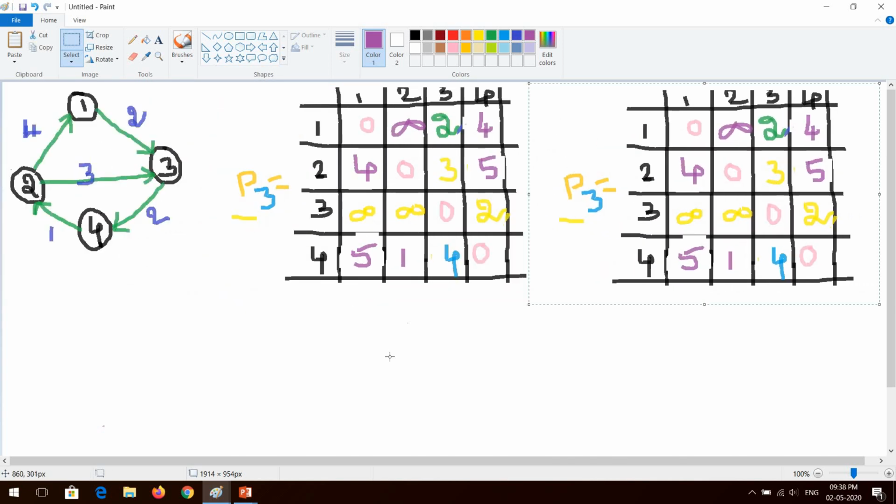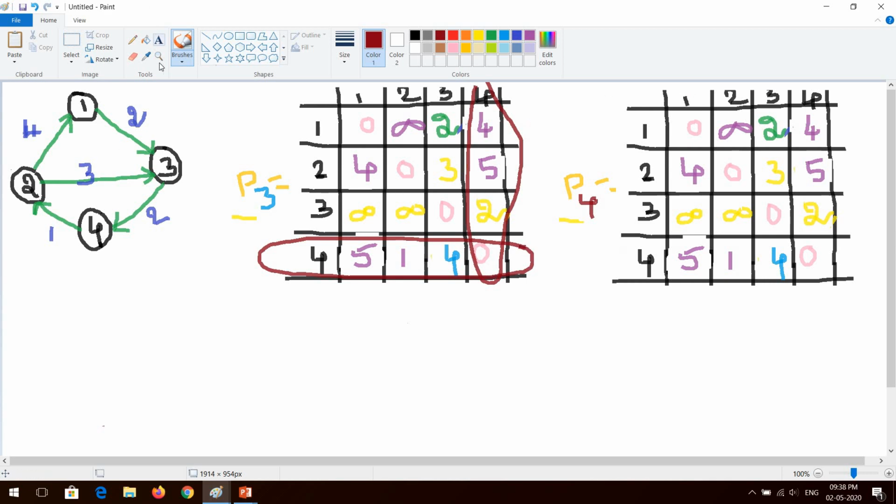So from P3 I am going to write P4. So P4 in the sense, fourth row, fourth column. So the fourth row and fourth column will remain same. So now let me eliminate the remaining ones.